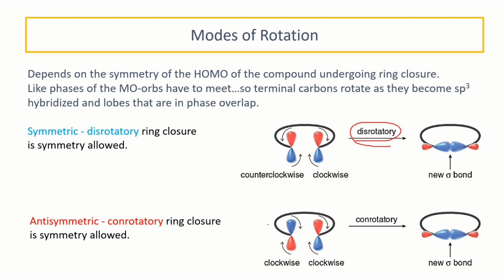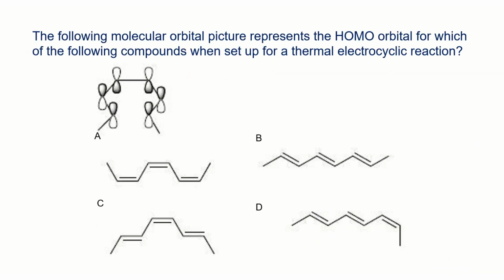If we have an asymmetric molecular orbital, then for the ring closure to occur, i.e. the two colors here meeting, you can see that we're moving in the same direction, which is conrotatory. You have to tell the reader what rotation occurs.